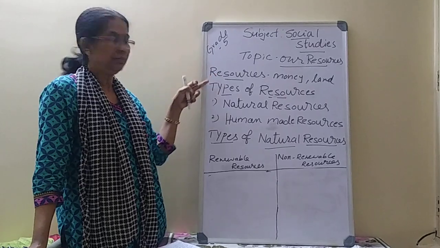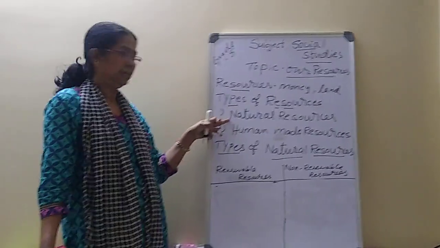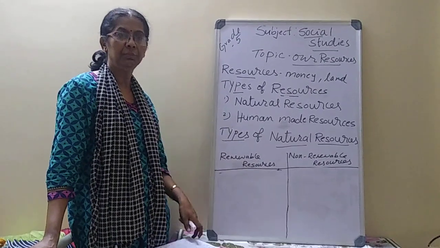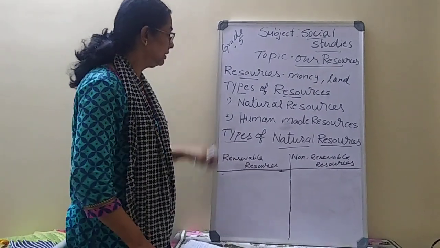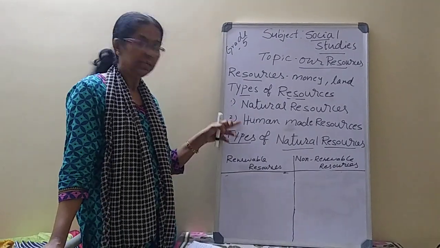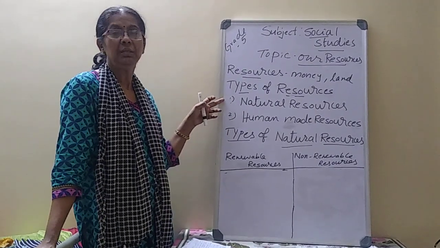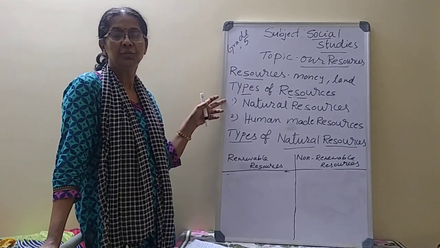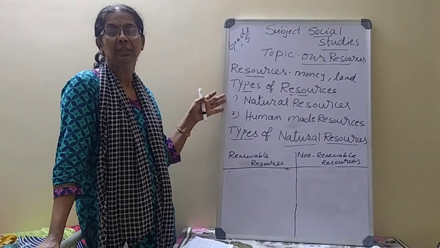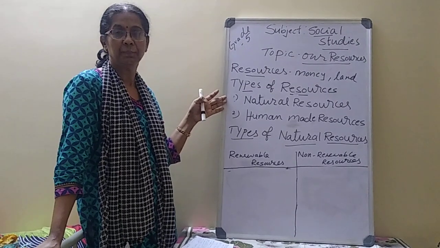These resources are divided into two types. The first one is natural resources and the second one is human-made or man-made resources. What is natural resources? Children, nature has given us many natural resources such as air, water, sunlight, forest and wildlife.